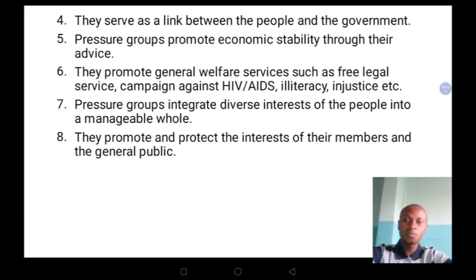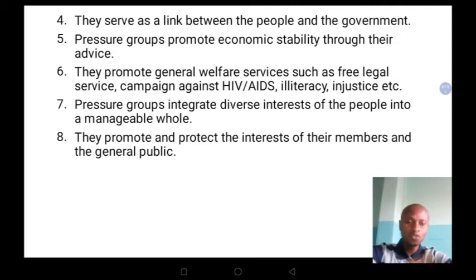Okay. Now, we also have some pressure groups that are enlightening the members of the public as regards HIV/AIDS. Today, we have COVID-19. We have pressure groups that have taken it upon themselves to educate the members of the public as regards what they need to do so that they will not contract this. Even if they contract it, what they also need to do to come out from it.